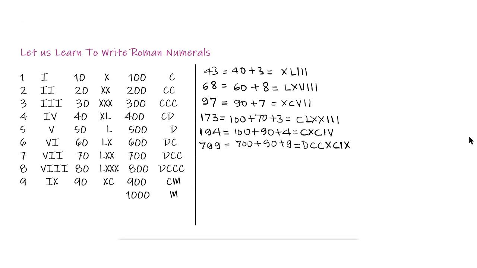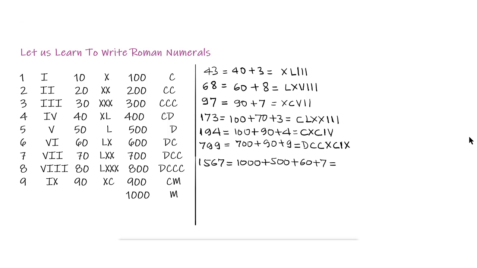Now let us go to a few 4-digit numbers. 1567. This is equal to 1000 plus 500 plus 60 plus 7.